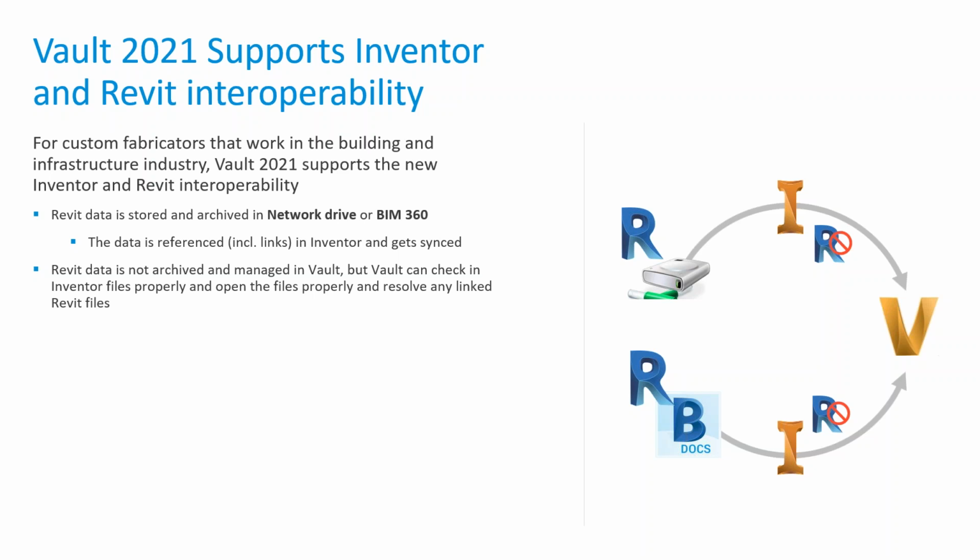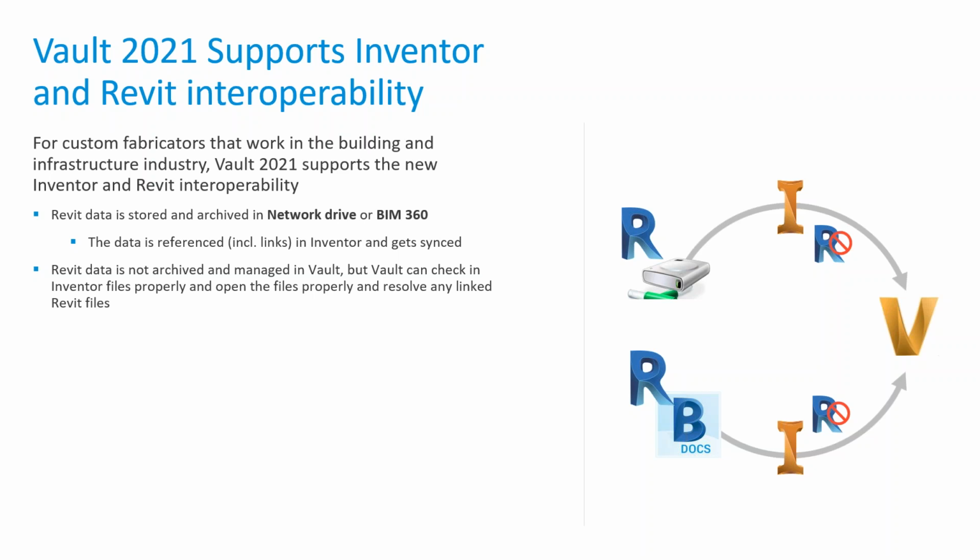What's really great about this, and I have some hope that they're going to expand this capability, is you can reference that Revit data in Inventor just like any other imported CAD document. So you're not converting it, right? You're referencing that Revit data, but Vault ignores it.